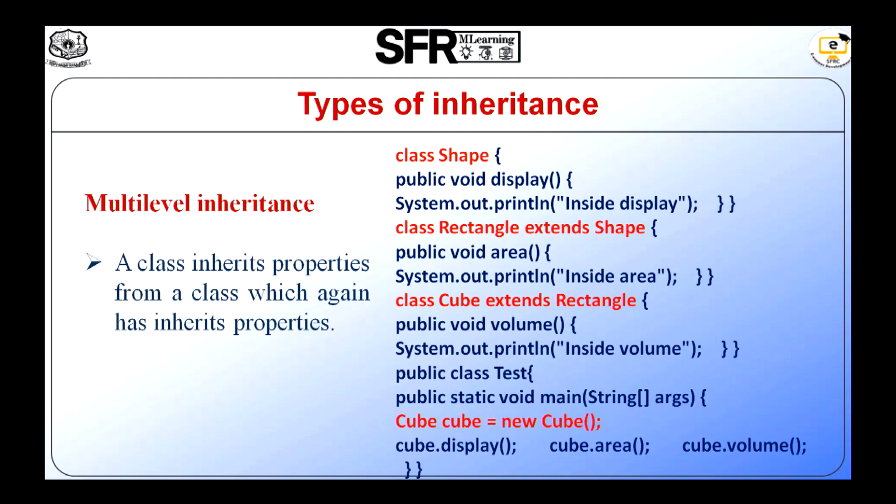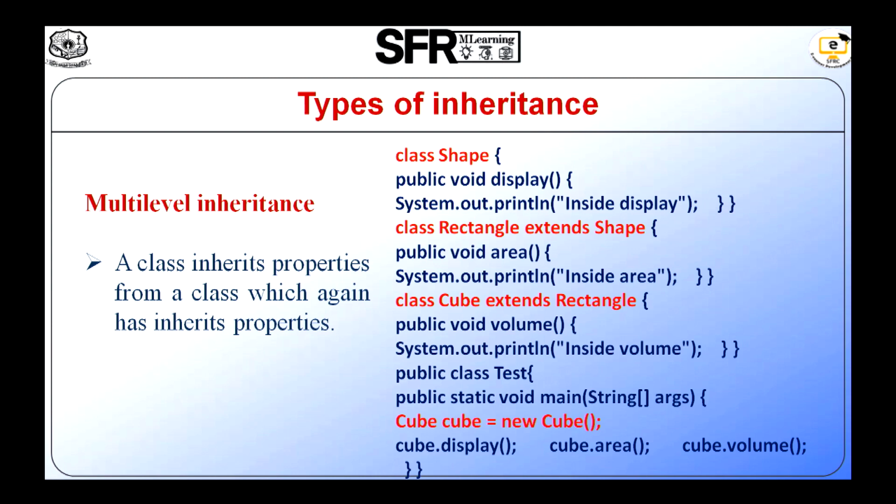Next, multi-level inheritance. There is a superclass, and then we inherit from the superclass, that is the subclass. Again we can inherit the properties from the subclass into another subclass. Here class Shape is the first superclass. We inherit Shape into the Rectangle class, so Rectangle is now a subclass. Again the class Cube inherits the properties and methods from the Rectangle class also.